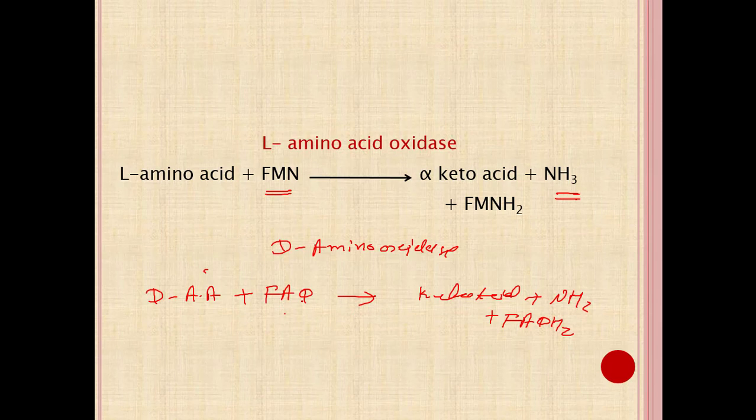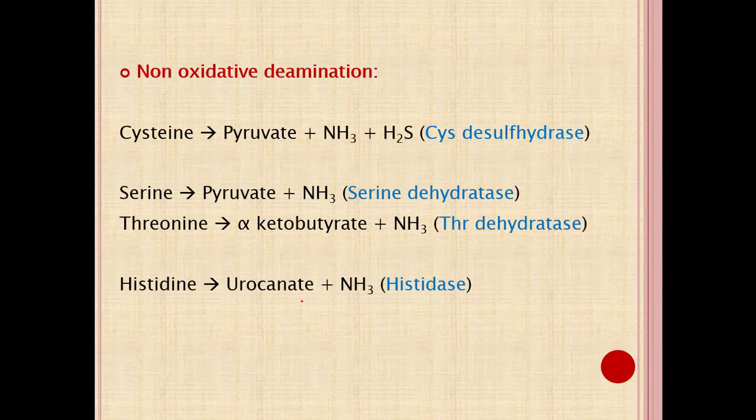The second group of reactions is non-oxidative deamination, meaning without oxidation of the amino acid. Various amino acids undergo non-oxidative deamination, like sulfur containing amino acids, mainly cysteine and homocysteine, OH group containing amino acids, serine and threonine, and histidine. These are the major amino acids that undergo non-oxidative deamination.